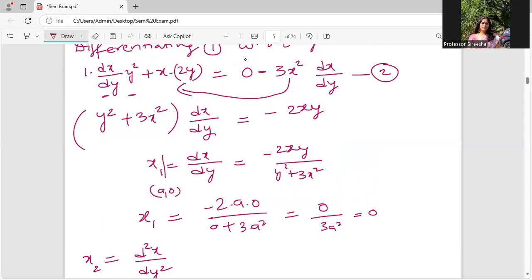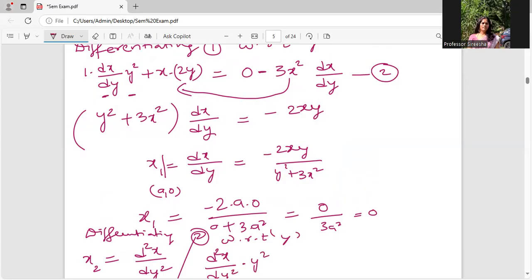I will just write x2 later. Now on dx by dy, once again, I'm differentiating with respect to y. D square x by dy square is what I will have.